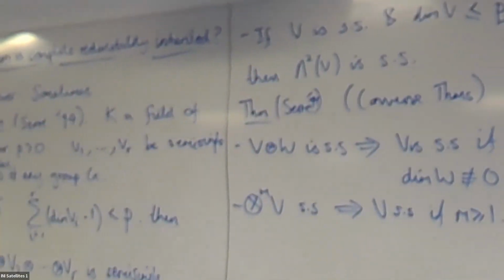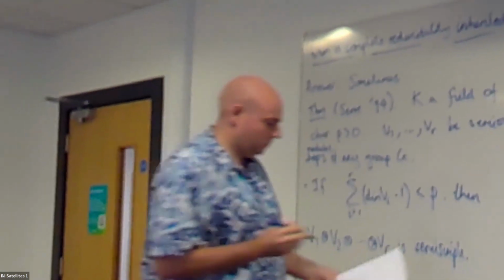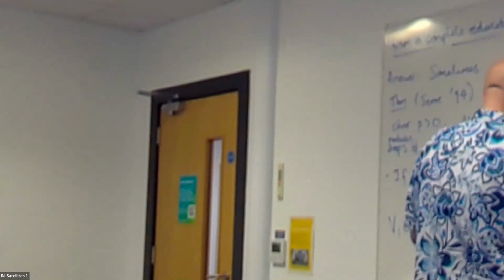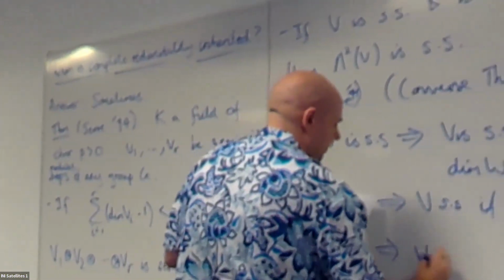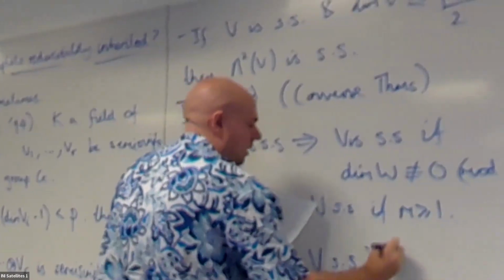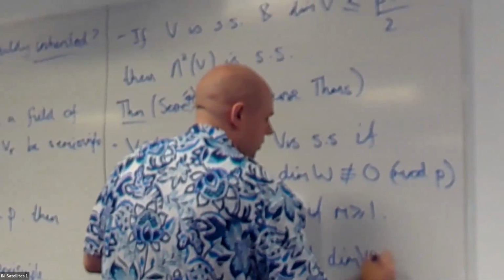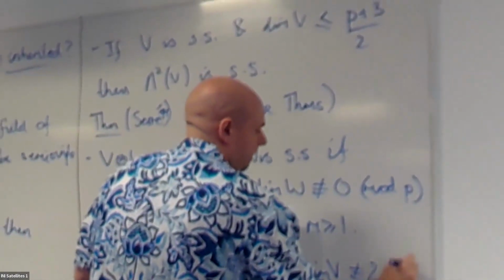I don't need any congruence conditions at all. And the wedge square of V being semi-simple again implies V is semi-simple if the dimension of V is not 2 mod P.